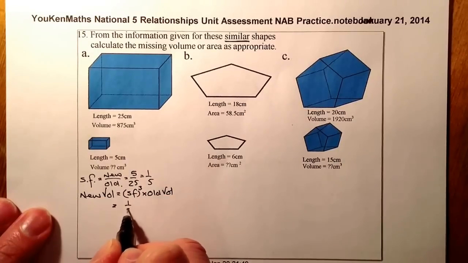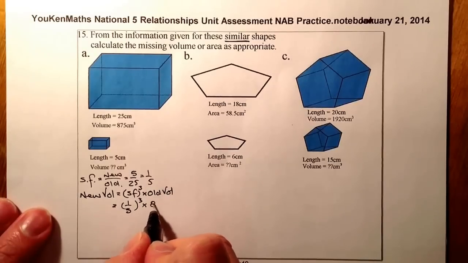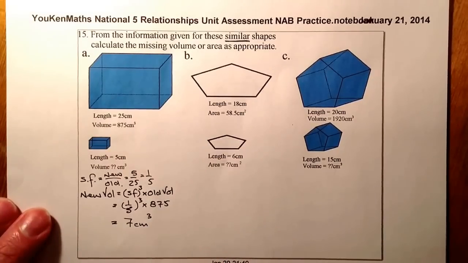So the scale factor cubed times the old volume, which is 875, and if I put that into the calculator, what I should get out there is 7 centimetres cubed.